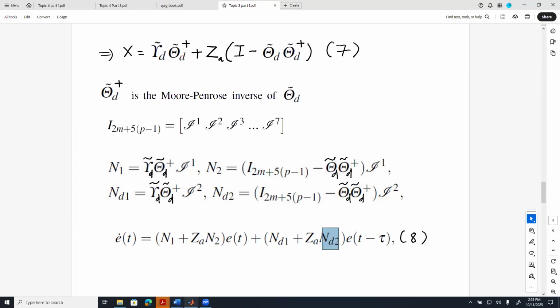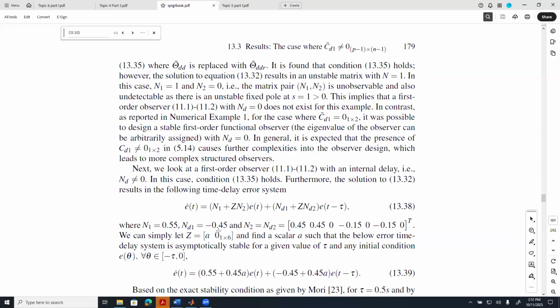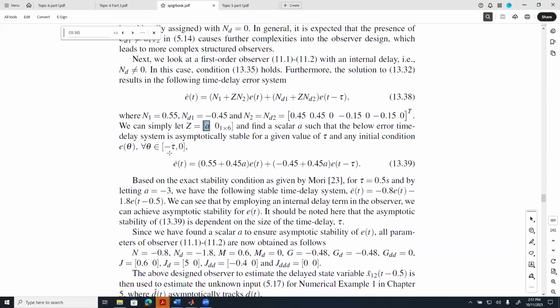So in other words, we have some sort of arbitrary extra column in here that enables us to stabilize the time delay error system. Here, we just simply pick a non-zero element from there. So we arrive at the following error time delay system.